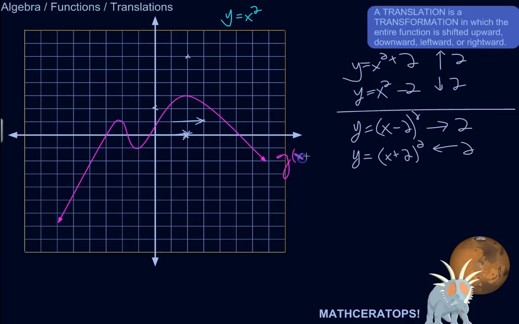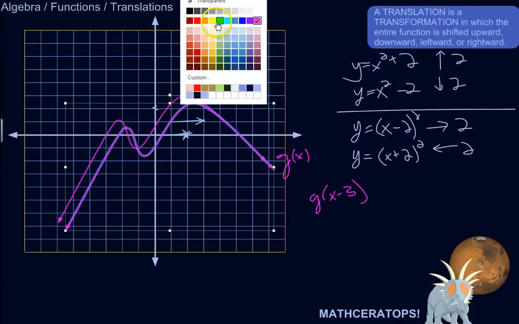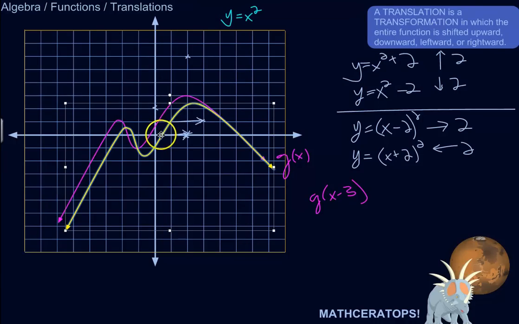Well, what if I were asked to graph g of x minus 2? Let's say x minus 3, mix it up. That would be an inside transformation, so it's horizontal, and I would move it over to the right by 3 units. So I will copy this and make it a different color to show you.